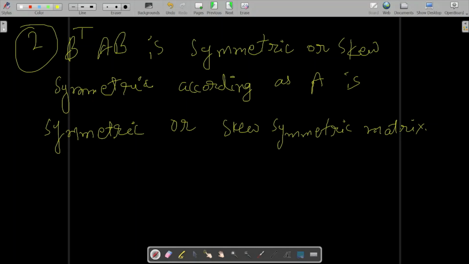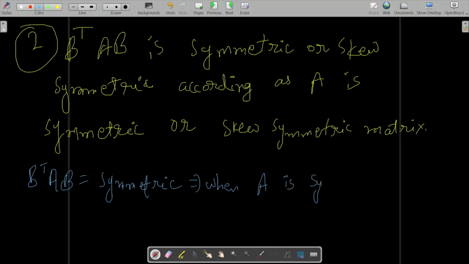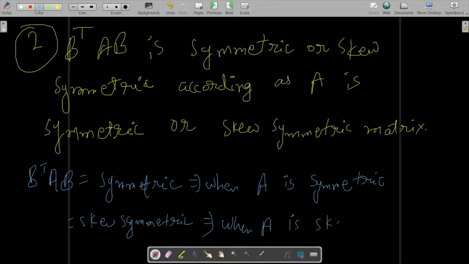This clearly means that if A is a symmetric matrix, then B transpose AB is symmetric when A is symmetric, and it will be skew symmetric when A is skew symmetric.